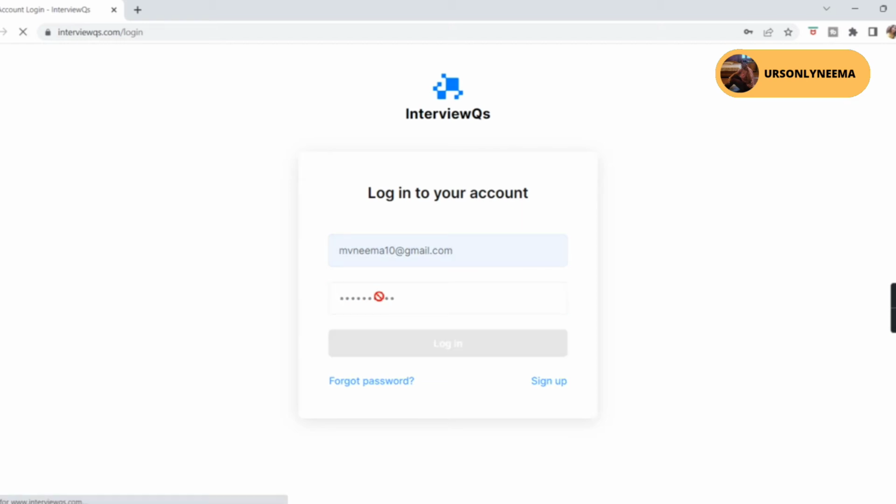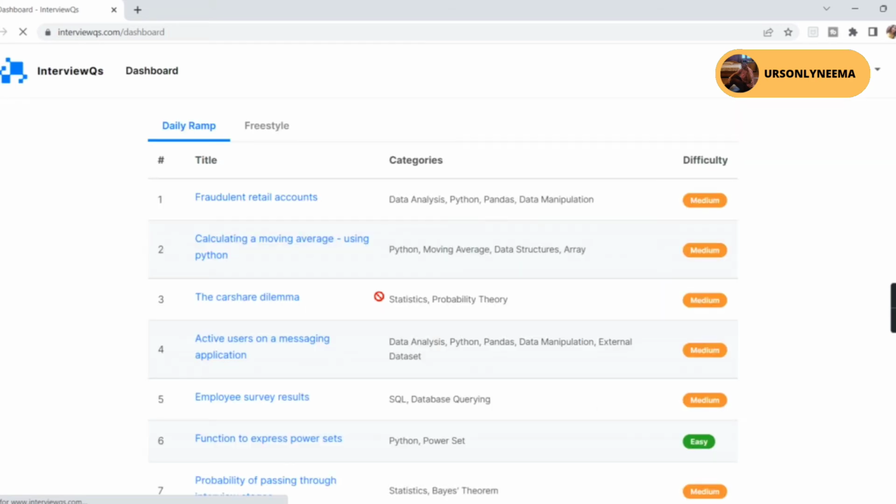And once you log in, it goes to a dashboard, and this dashboard provides a list of questions. This is a daily ramp question, so I have access to the paid version.